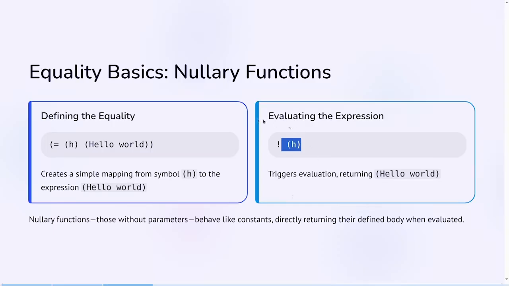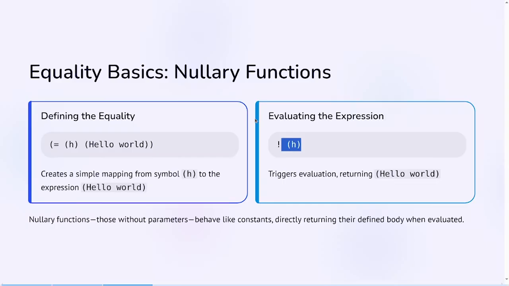We call such a function a nullary function, because it doesn't accept any arguments. We will see functions that accept arguments as well. Whenever we have such definitions, it will get evaluated. An expression is something expressed in brackets, right?